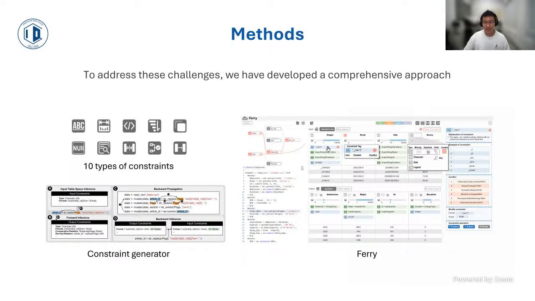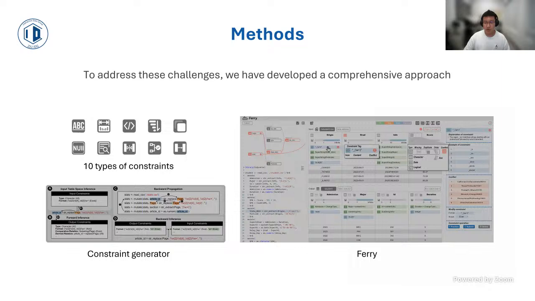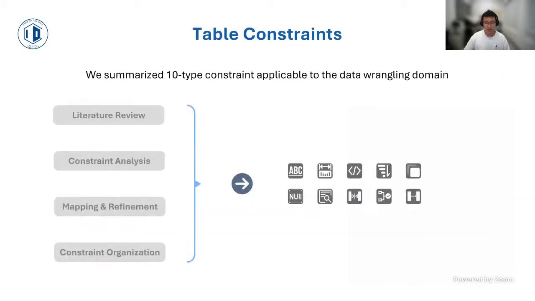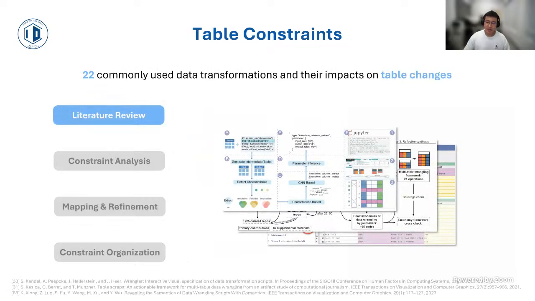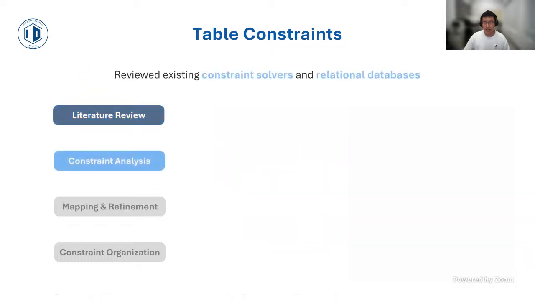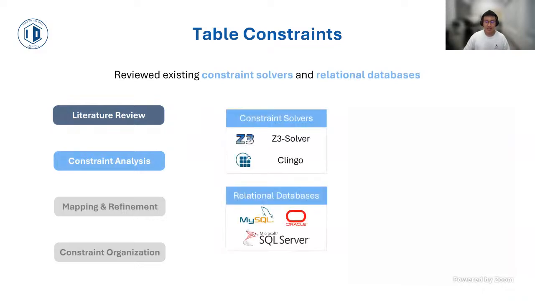Firstly, we summarize 10 types of constraints applicable to the data wrangling domain through 4 steps. We analyze and summarize 22 commonly used data transformations and their impacts on table changes, based on the multi-table framework for wrangling and the semantic descriptions in existing work. Next, we review data constraints in existing constraint solvers and relational databases. We identified the specific characteristics each constraint imposes on tables in a candidate pool of constraints.